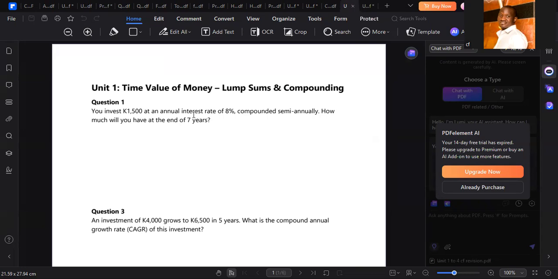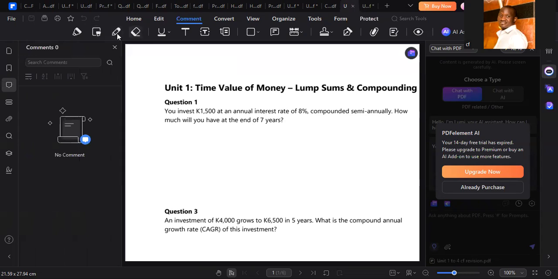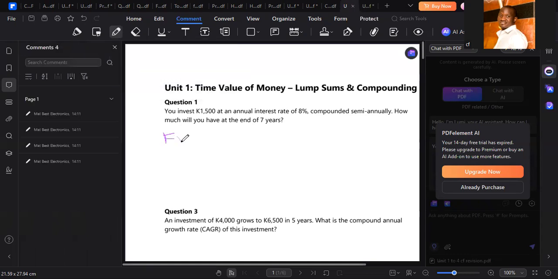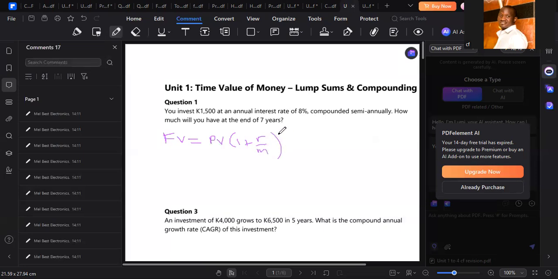So what's the formula for future value? Future value is present value times 1 plus r over m to the power mt. What are we given in this case?